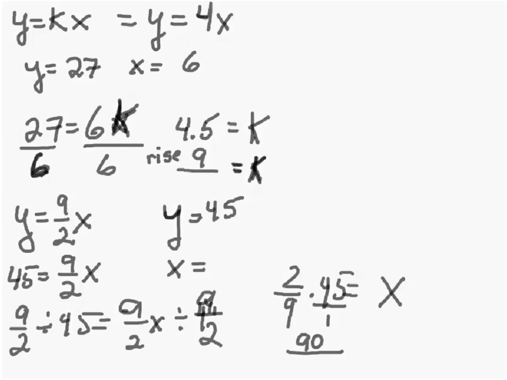And then denominator is 1 times 9. 9. So now we have 90 over 9 equals x. Can we easily reduce that? That would equal 10. Yep, so 10 equals x. So basically, it's saying when y equals 45, our x is 10, or we get the ordered pair 10, comma 45. So we're just coming up with ordered pairs.